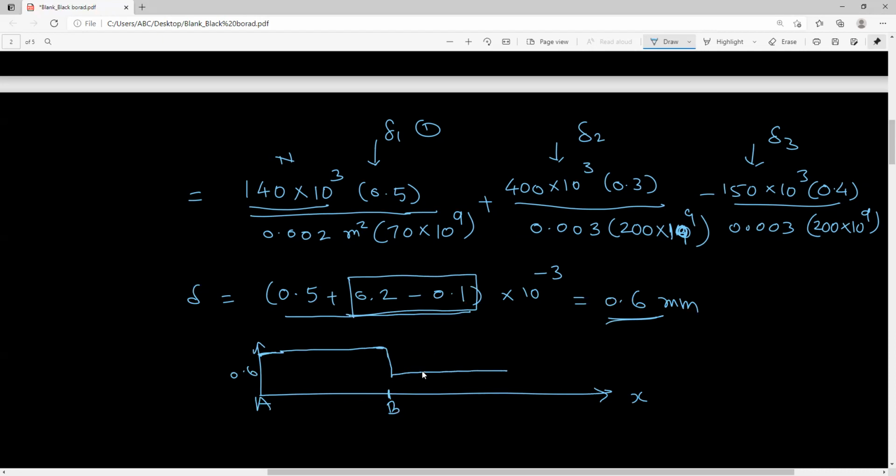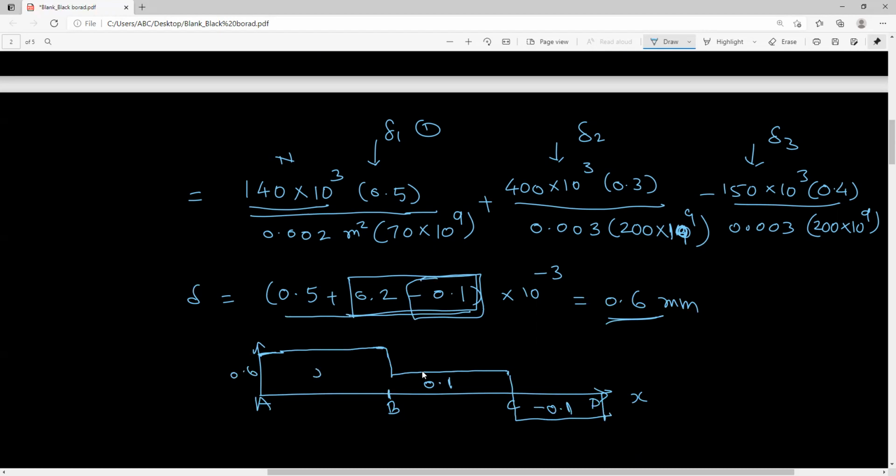That will continue up to location C. So this will be 0.1. And at the last, you can see here, minus 0.1 will be the deflection of the last section, that is CD. So you can just take the negative sign here, minus 0.1.